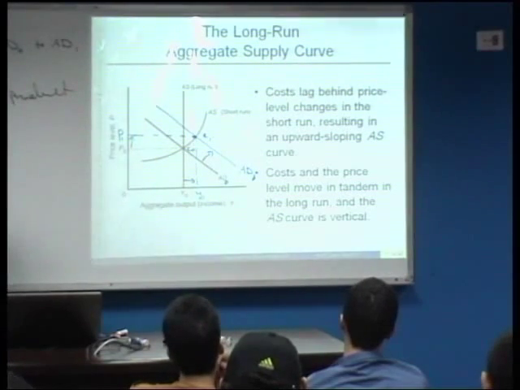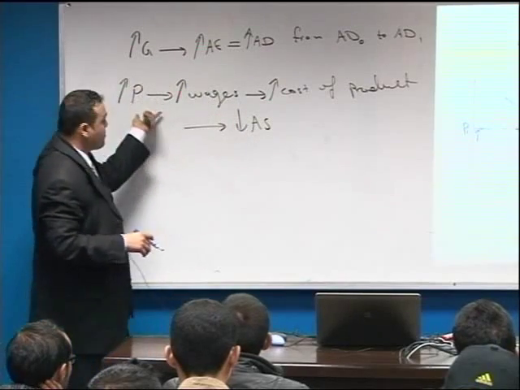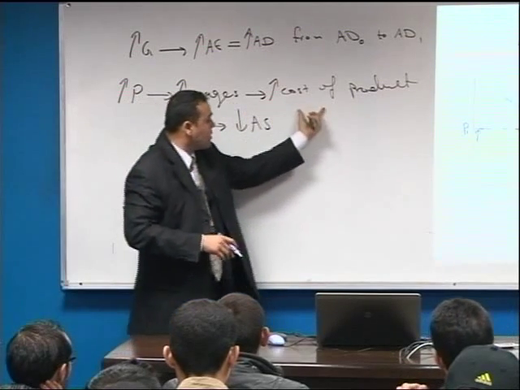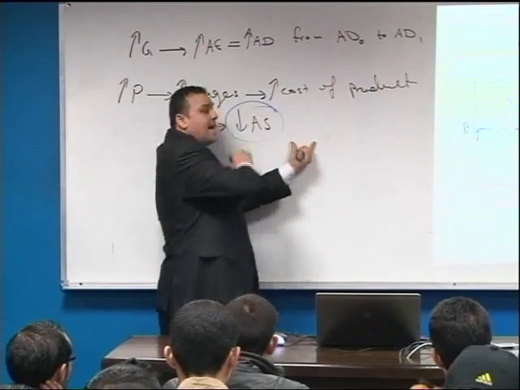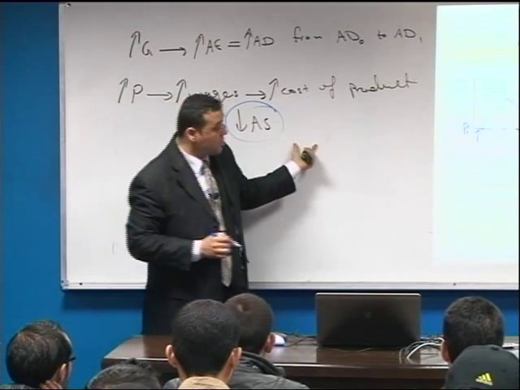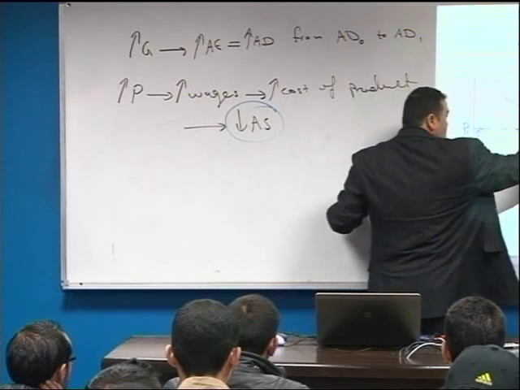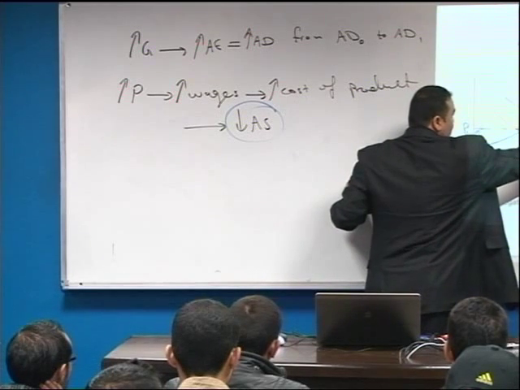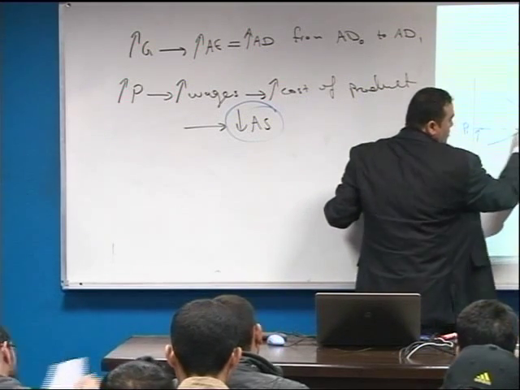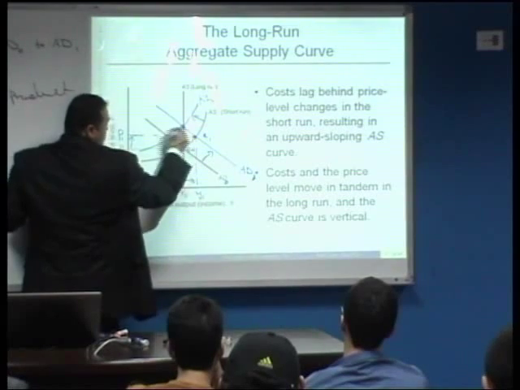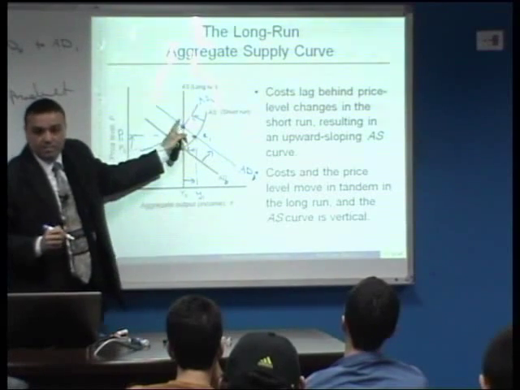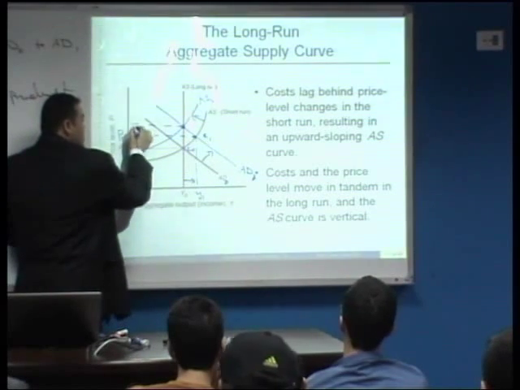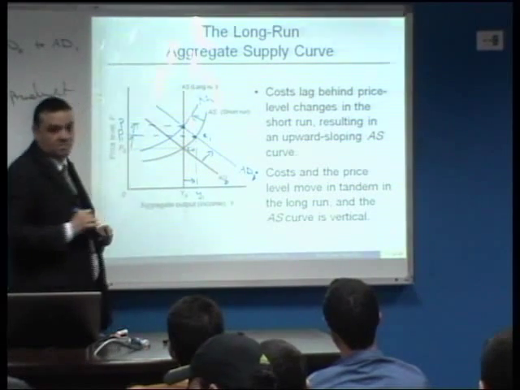What happened? The increase in prices caused an increase in wages and an increase in the cost of production, and therefore aggregate supply would finally decline. So this leads to a leftward shifting of the aggregate supply curve to aggregate supply 2. Finally we will reach this point, the potential GDP with increasing prices. That's it.